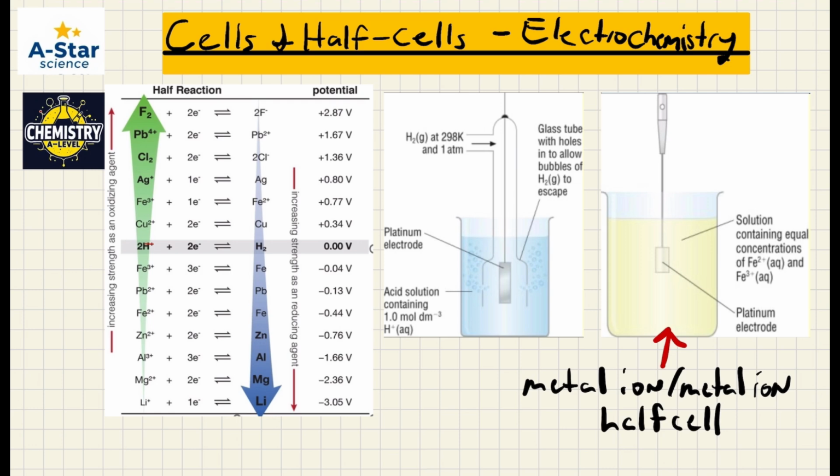Instead, it uses aqueous solutions, iron 2 plus in this case, and iron 3 plus, as the two different oxidation states, and then uses a platinum electrode, which is inert. Okay, it's a platinum electrode, which is inert, so that's not going to interfere with the reaction and create any new products. As the electrode, in order to provide a pathway for the movement of the electrons.